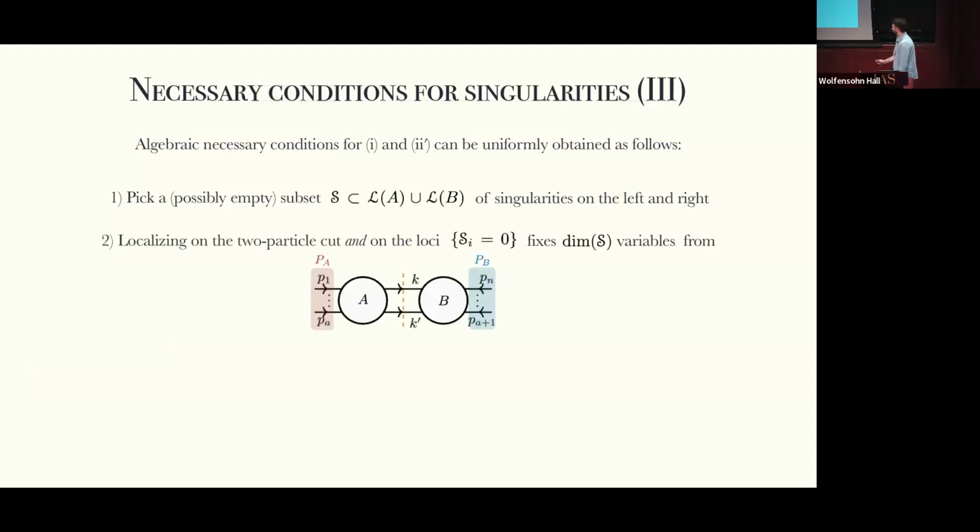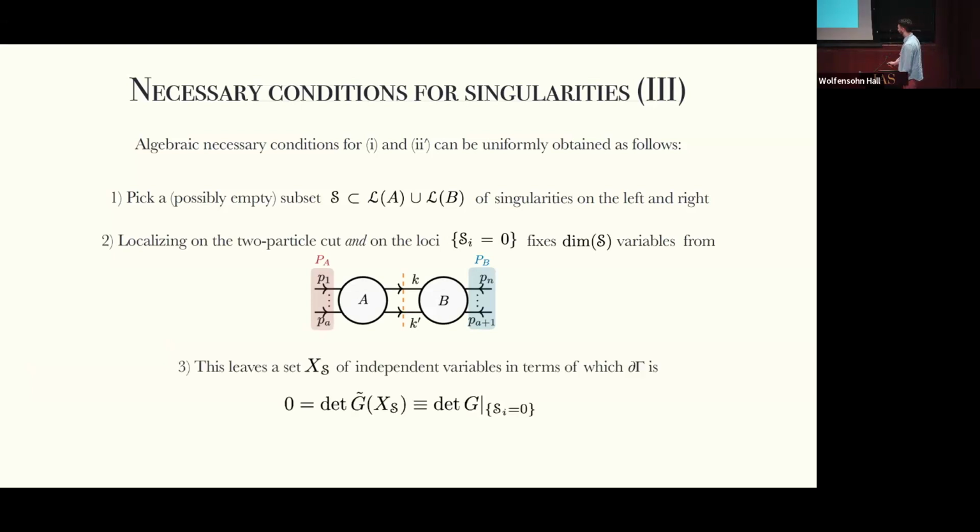Then we localize on the two-particle cut and on the locus S equals 0, which fixes dim S variables from this two-particle cut. And this leaves us with a set XS of independent variables, in terms of which now the boundary is defined by det G tilde equals 0, and G tilde is just the restriction of G to the two-particle cut and the singular locus S.